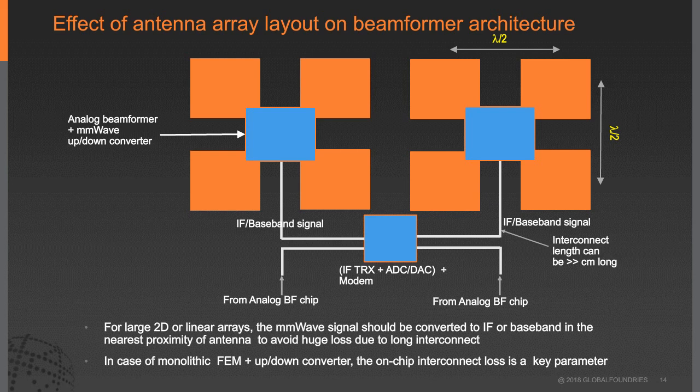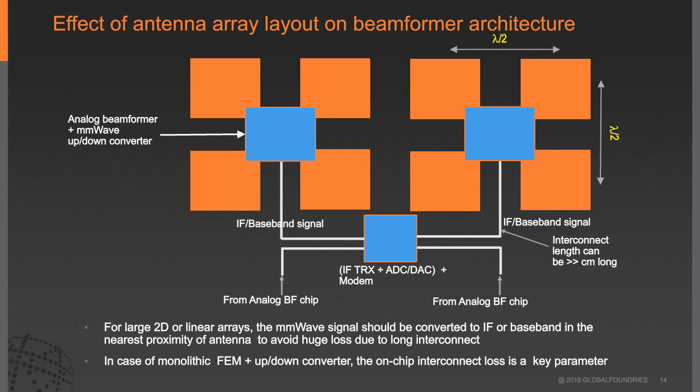So benefit of this approach, of course, is you avoid the large interconnect losses that you have at RF frequencies. So now you are at IF frequency or baseband. IF can be sub 6 gigahertz, so significantly less losses as compared to at 30 gigahertz as an example.